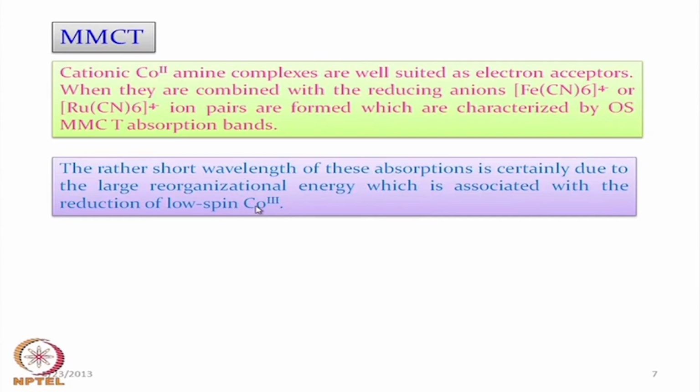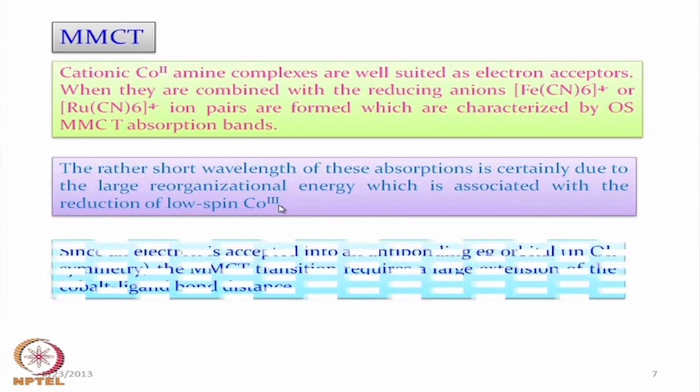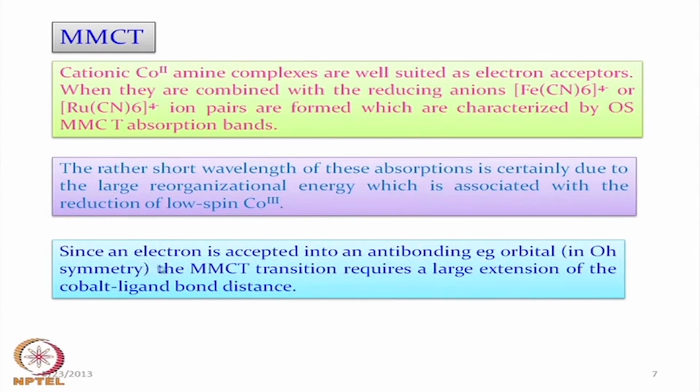That means the cobalt 3 compound is there and the cobalt orbitals are really available for the acceptance of the charge density, and since an electron is accepted into the antibonding eg orbital, the MMCT transitions require a large extension of the cobalt ligand bond distance.